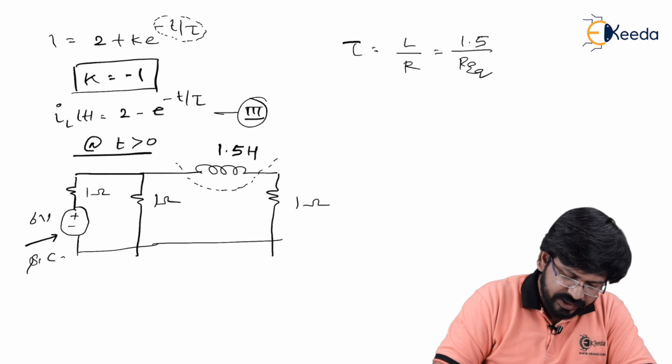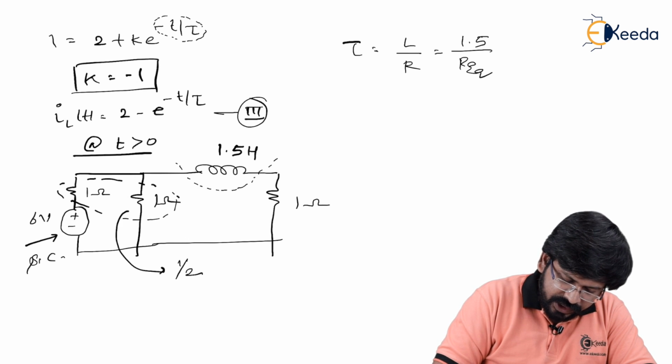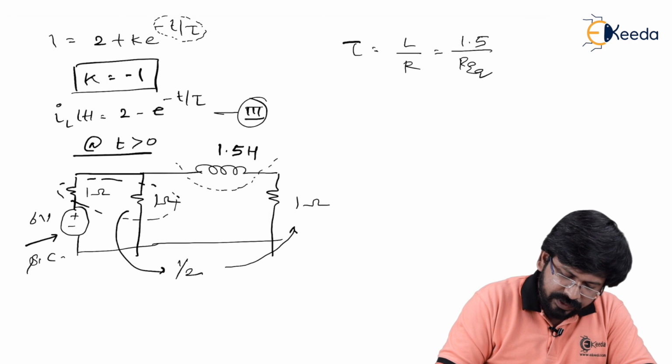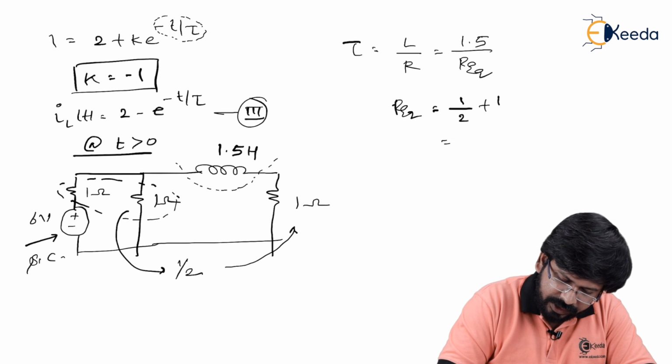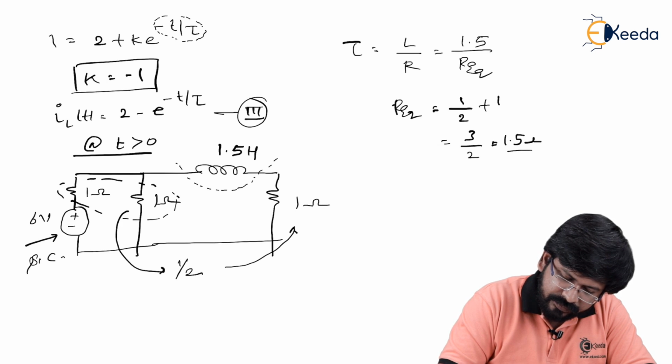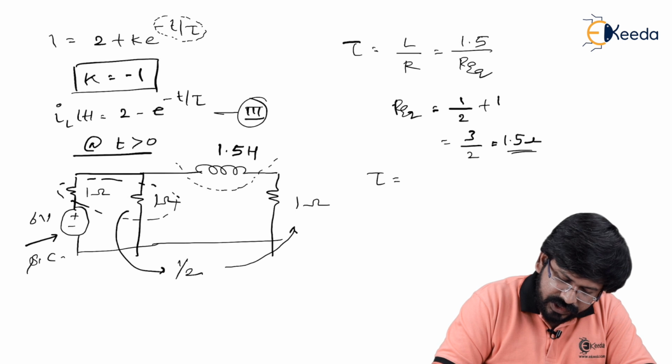So if I short circuit this, as you can see, this 1 and 1 come in parallel. So effective becomes half. This half will come in series with 1 ohm. So R equivalent, as you can see, is half plus 1, which is nothing but again 3 by 2, which is nothing but again 1.5 ohms. Effectively, tau is 1.5 upon 1.5, so it becomes 1 second.